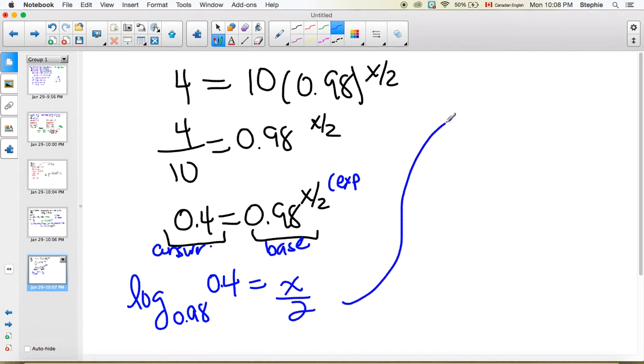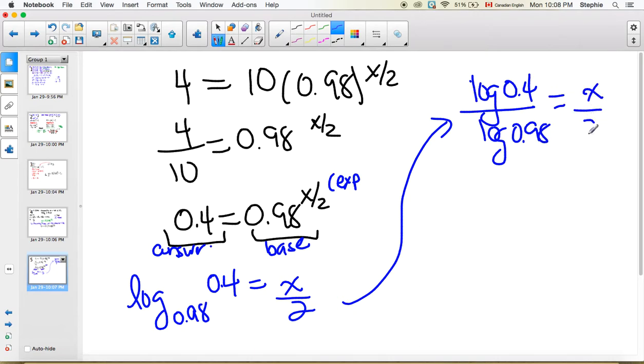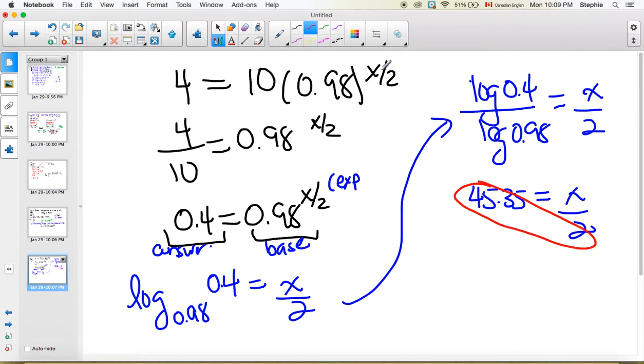Of course, once you write it like this, it means that you're going to do the log of 0.4 divided by the log of 0.98, and that should give you x over 2. When you actually do this on the calculator, you get something like 45.35 equals x over 2, at which point you cross multiply and you get 90.7 equals x. And that's how you do number 7.